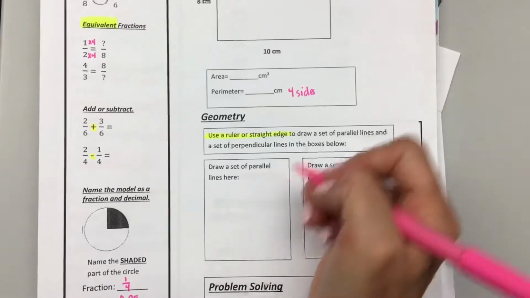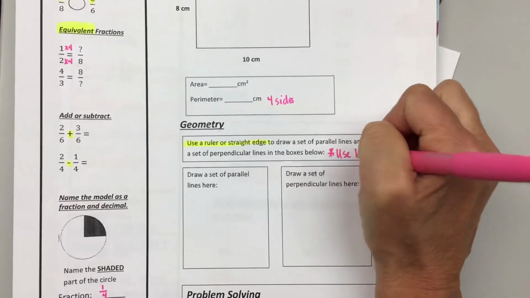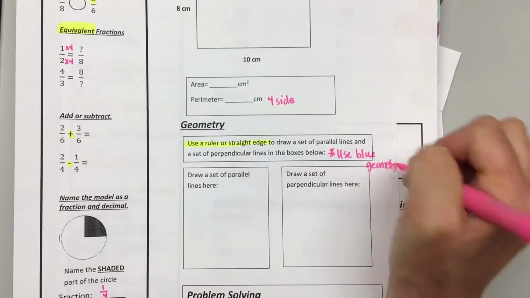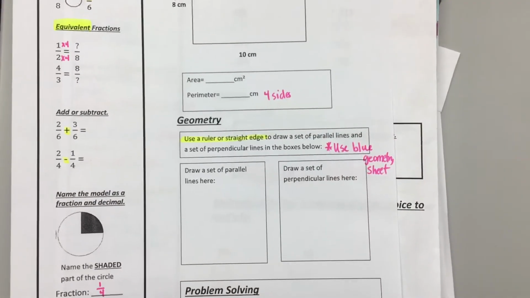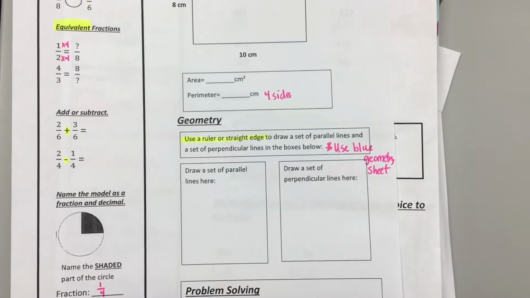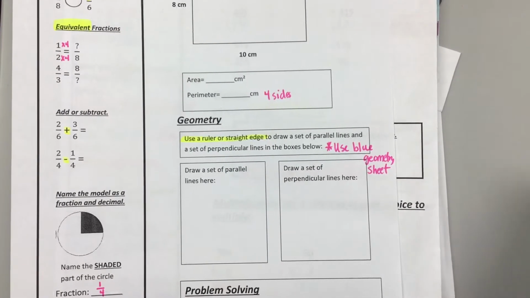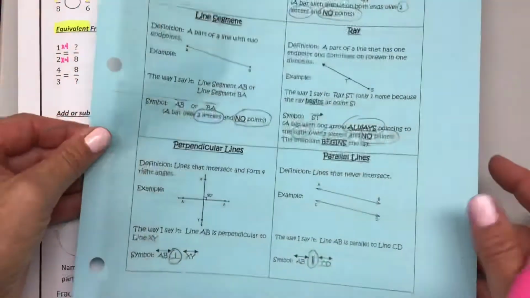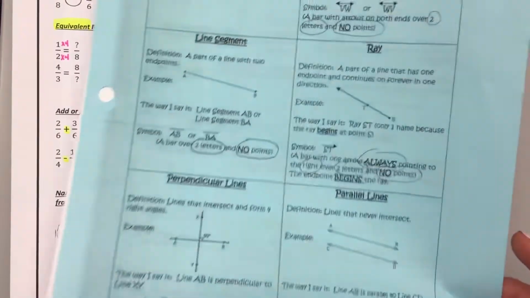Also, give yourself a note that you can use the blue geometry sheet. It should be in your math folder. Okay, and it will give you an example of how to draw parallel and perpendicular lines. Okay, here's mine. Okay, you have a blue sheet as well, and here's perpendicular and parallel lines. Okay?